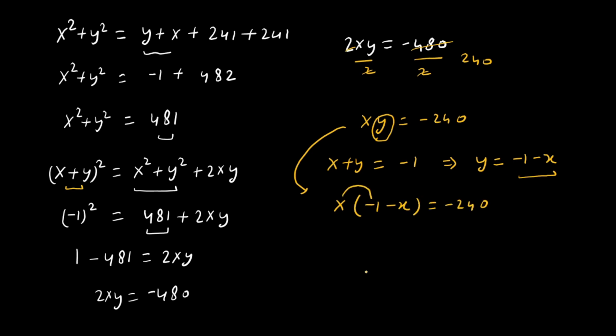Multiplying x by minus 1 we get minus x, and x multiplied by minus x gives minus x², and this equals minus 240. Taking all the expressions to the same side, x² plus x minus 240 = 0. This is a quadratic equation.